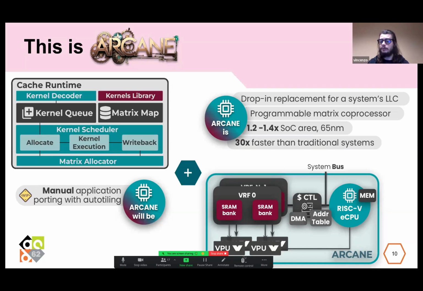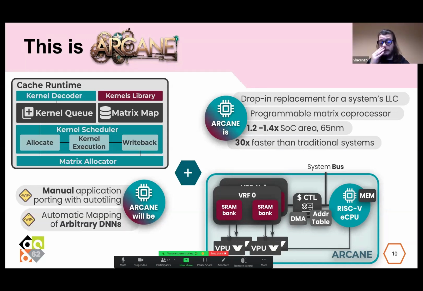With Arcane, this does not happen. The tiling is handled by the embedded CPU, which is this orchestrator here, and you can basically issue the instruction and forget about everything. You gather the results and everything is hidden from the programmer. This holds promise to what we said, being an easy programming interface and giving an easy programming experience for whoever adopts this solution.